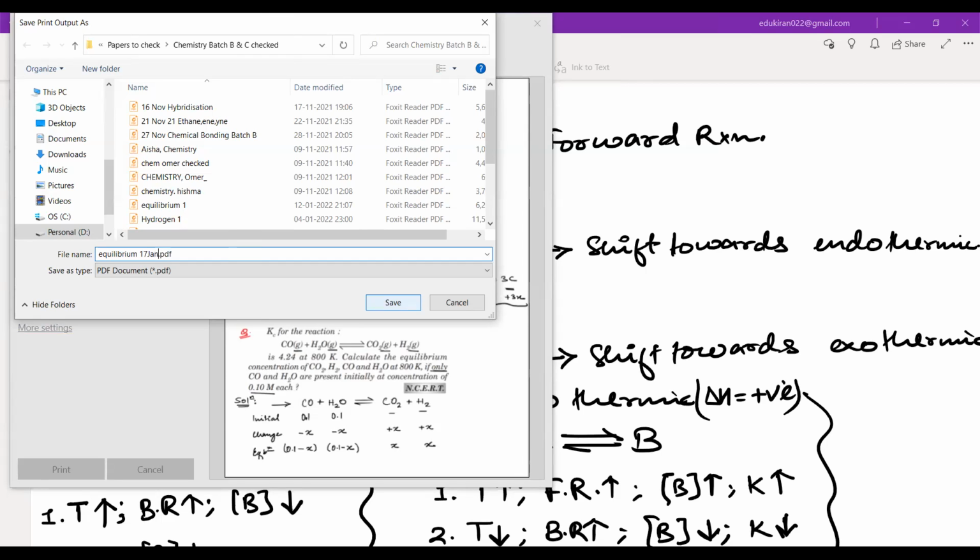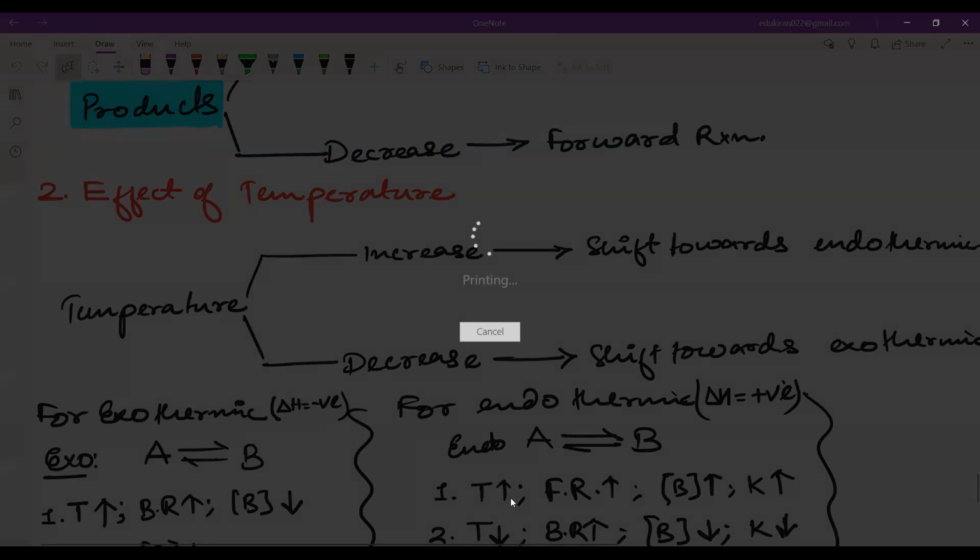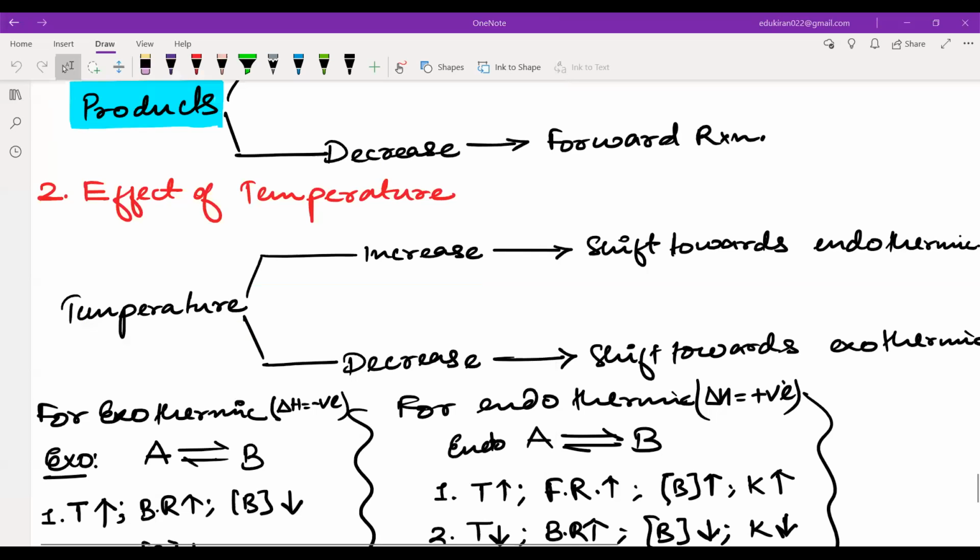Equilibrium on 17 Jan. It is getting uploaded, Reba. Okay. Yes, sir. Okay.